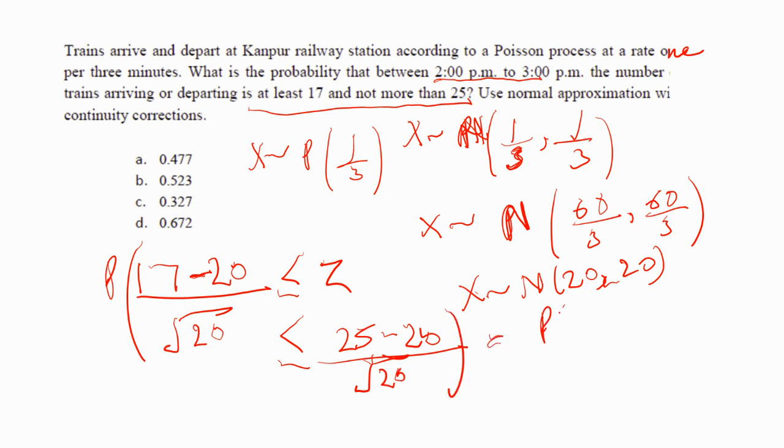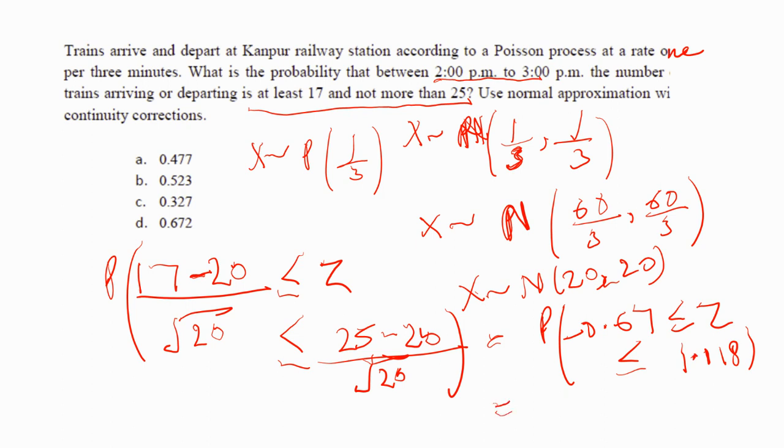So it will be probability. This one is minus 3 divided by root 20, it is 0.67, and 25 minus 20 divided by root 20 will be 1.118.